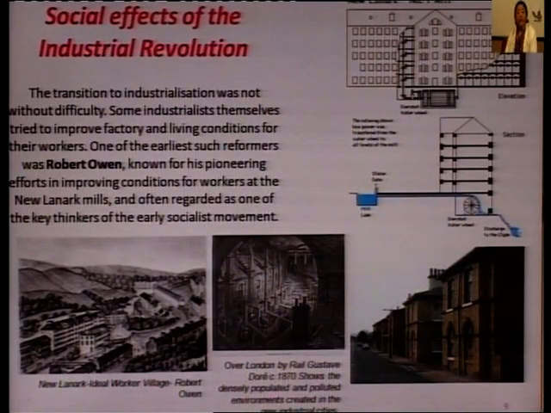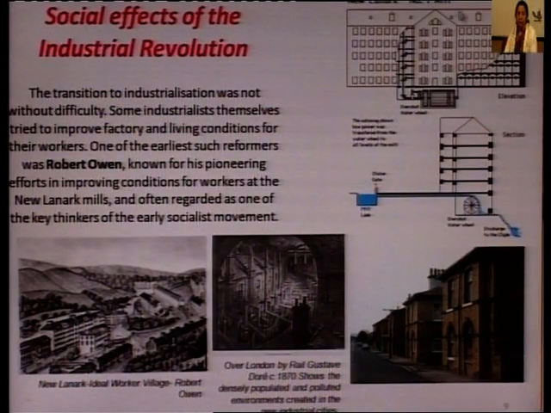So we have people like Robert Owen, who built the New Lanark mills. On the bottom you see a village of unity, the ideal worker village concept of Robert Owen. And on the right you see a picture of Saltaire City, which was basically a salt making city.